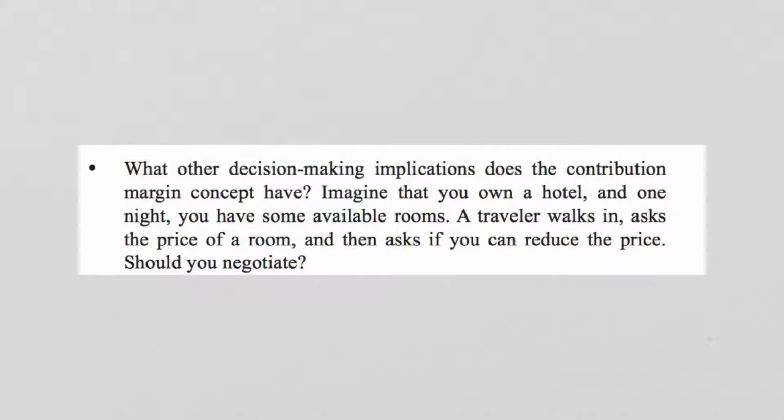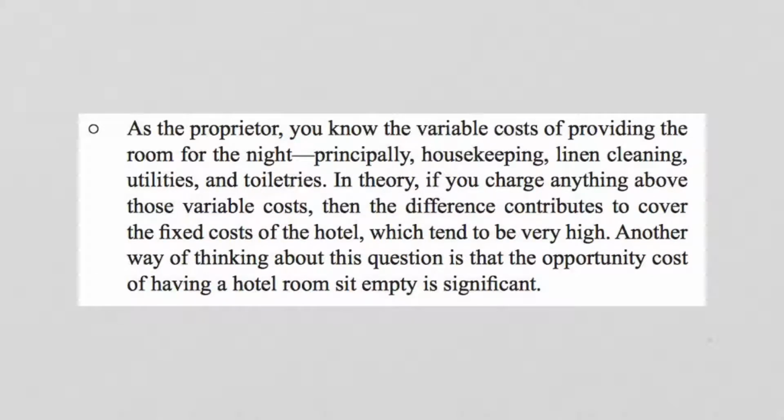But from a managerial accounting standpoint, you need to know, what do you need to cover your variable costs? So you figure out what you need, and let's say my variable costs are $110 for having somebody use the room. So anything above this is a contribution margin. Charging anything above the $110 is a contribution margin, going to cover the overhead, if the overhead has not already been covered by our occupancy rates.